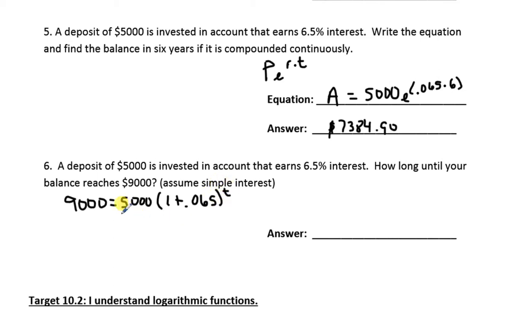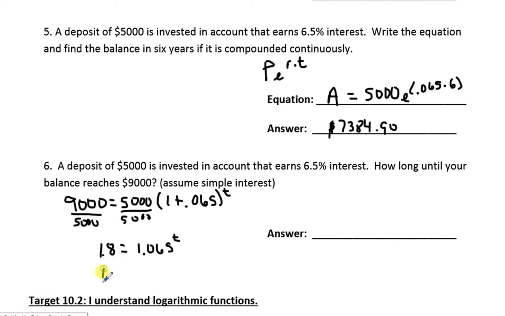How long? So first step is divide by 5,000 on both sides. And 9 divided by 5 is 1.8, equals 1.065 to the t. And now to solve for t, we can rewrite this as a log.